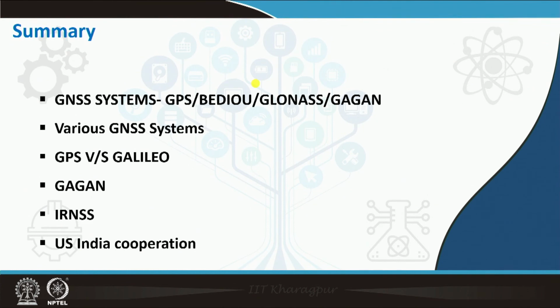We also looked at GPS versus Galileo: how each is placed, its orbital period, how it is inclined, and how many satellite vehicles there are. We also compared both, and if there is an improvement program planned, we looked at it. Then we looked at how Gagan, the Indian-owned program, is being planned and how it is already being operated.